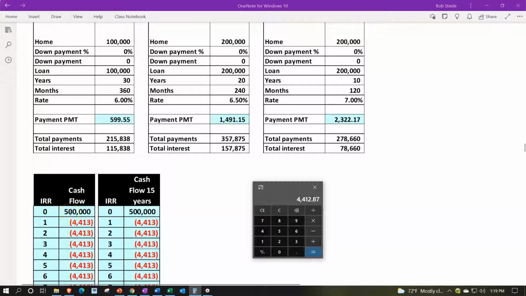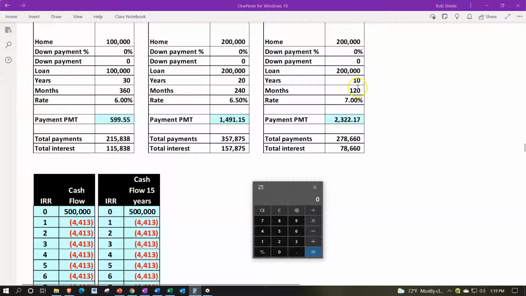So we have an inflow of 500,000 from the 3 loans, the 100 plus the 200 plus the 200. We can imagine getting that money and then paying it to the seller of the home. Then we're going to be making payments for the first term, until the first loan expires, of about $4,413 monthly. That would be our monthly outflow.